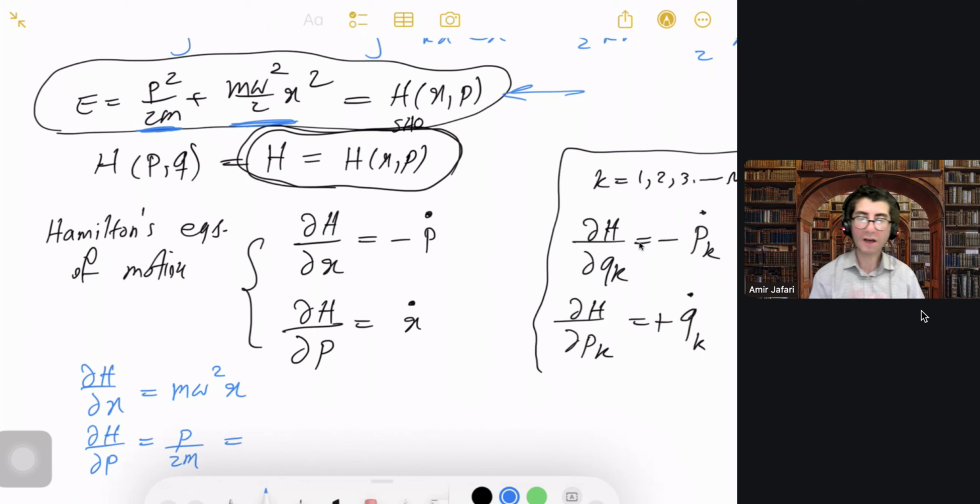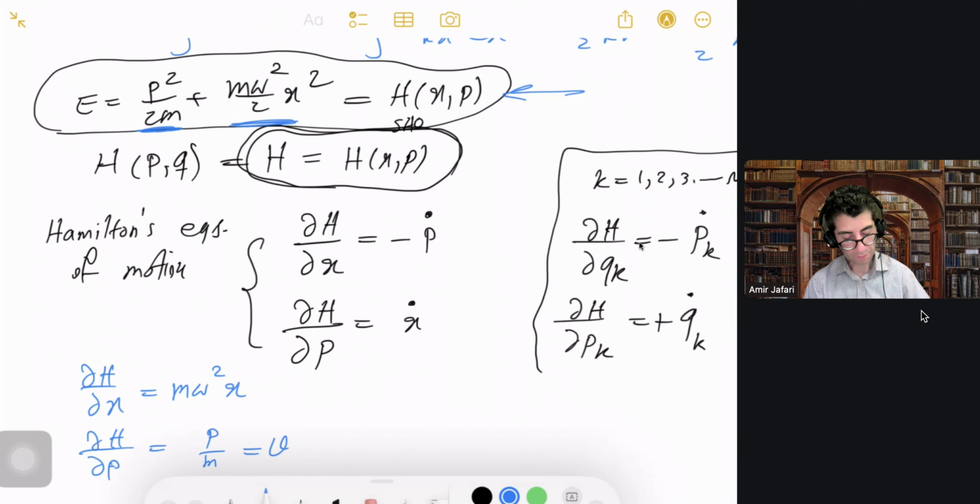Now, in order to see this equation in a more familiar form, sorry, I messed it up here. dH over dp should be p over m, which is basically the velocity of the particle. Momentum is mv, divided by m is velocity.